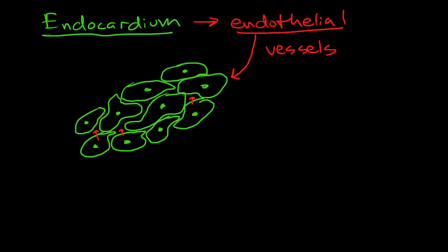And really, it is just a contiguous layer from the arteries and veins through the heart and back to the other side. They have the same functions, and I'm going to talk more about the functions of endothelial cells later in this module when we talk about arteries, veins, and capillaries.